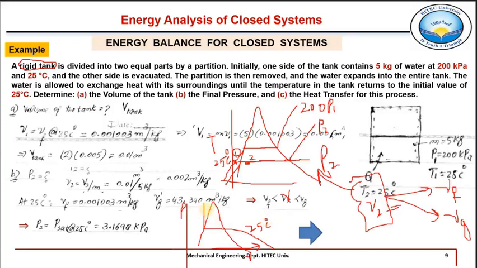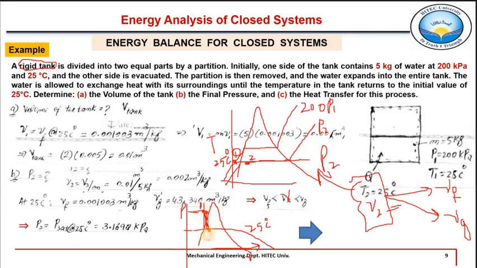And for example, this is point 1 in liquid region, temperature of 25 and pressure of 200 kilopascal. Now second point, the same temperature, because at point 2 we know the temperature is again 25, but pressure is reduced. So from 1 to 2, your substance has followed some path which is not known, so that's why we can show it with the help of a dotted line.